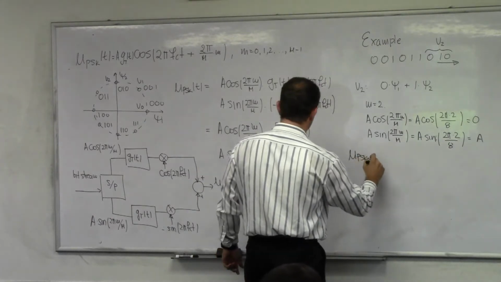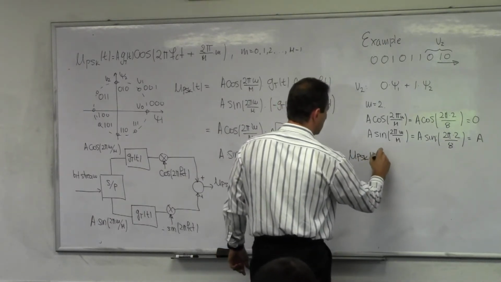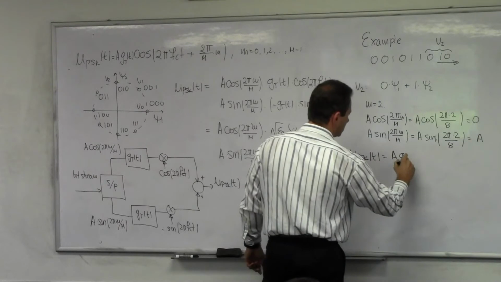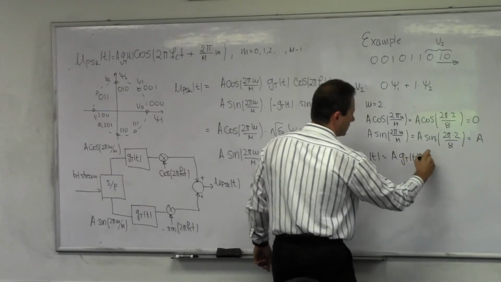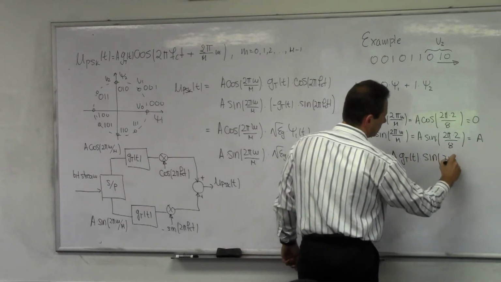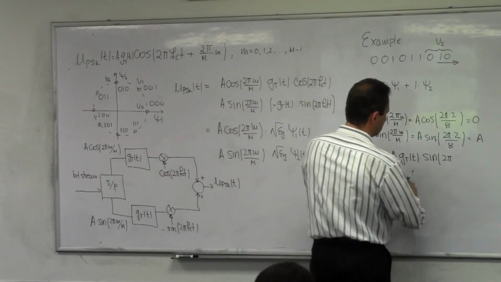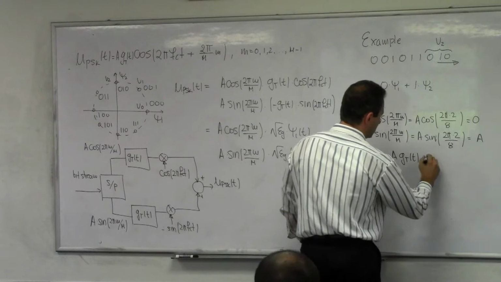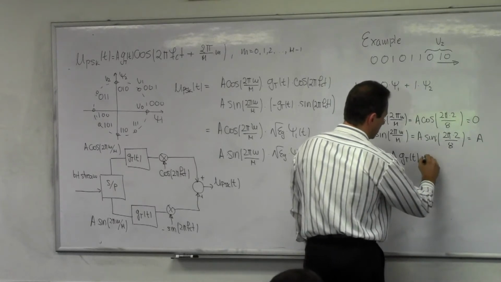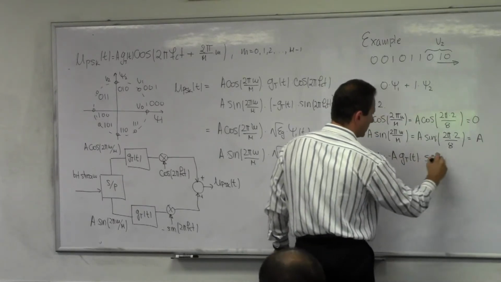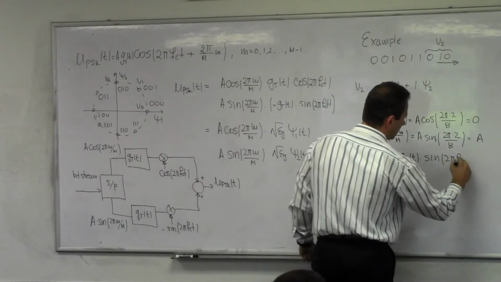Right? So what happens here is my u(t) becomes A g(t) times sine 2 pi times sine just A, right? g(t) times minus sine 2 pi f_c t.